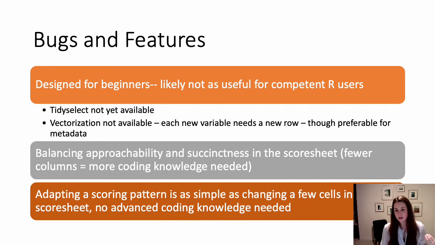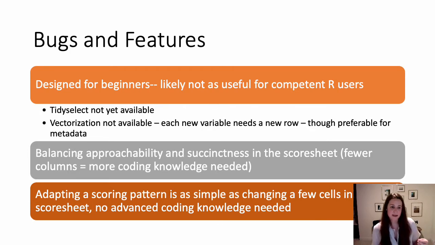It's a little bit more long form, but it's going to make it more interpretable across users, across individuals who are then trying to interpret your score sheets and understand your data cleaning processes. And then I will be working a little bit on the tidy select to see in the future if I can nail that down.